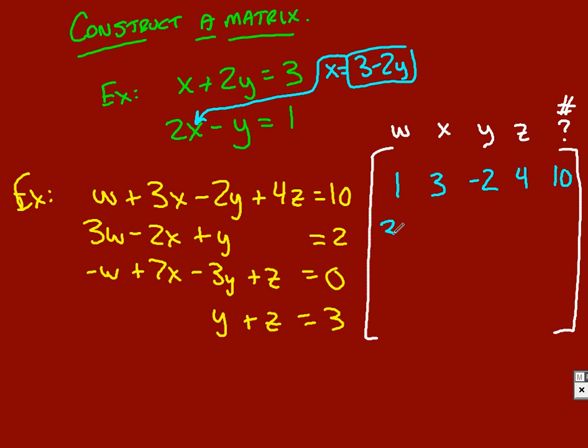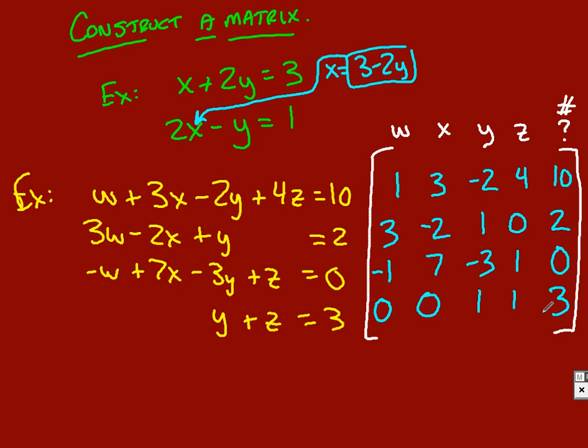I can do the same for each of these. 3, -2, 1. There is no z, so my z coefficient is 0, and the number on the end was 2. In this one, I have a -1 in front of w, a 7 for x, -3, 1 for z, and a 0. And then for this last one, there's no w, there's no x, there's 1 y, there's 1 z, and the number on the end is 3.